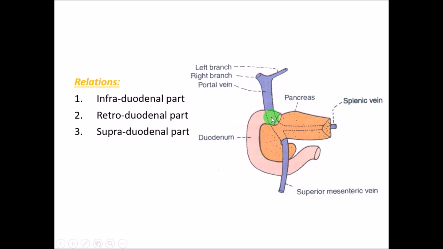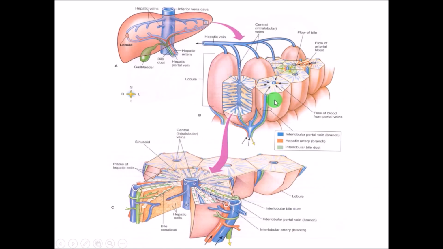So in the front will be the duodenum, and behind will be the abdominal aorta as well as the inferior vena cava itself. And supraduodenal part, in the front will have the liver itself as well as some part of the small intestine, and behind will be the inferior vena cava as well as the abdominal aorta.